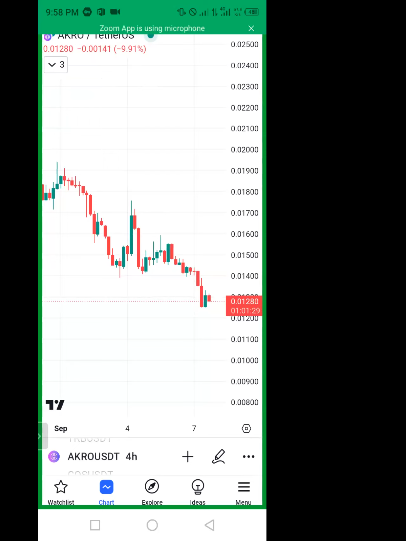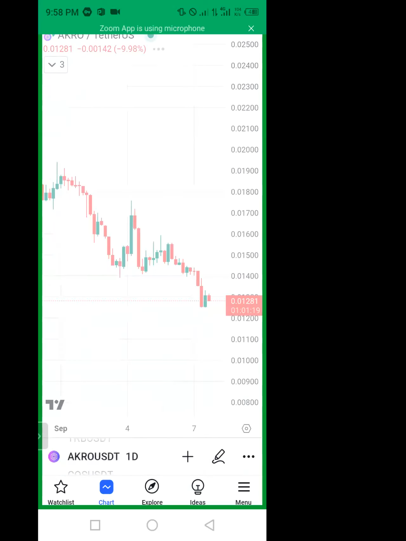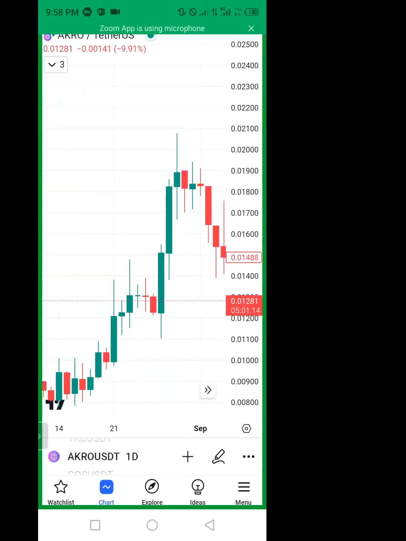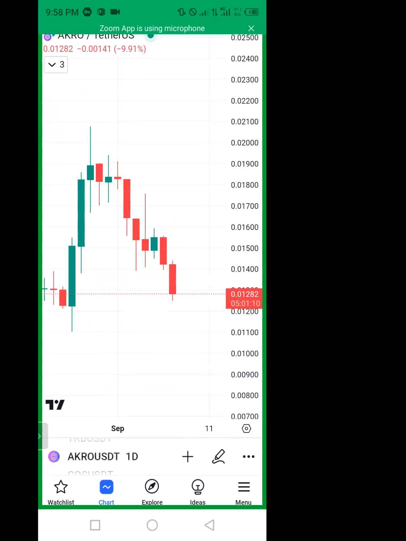Today, let me also give you the simplest way you can find the support and resistance. Go to your chart, go to the daily time frame.